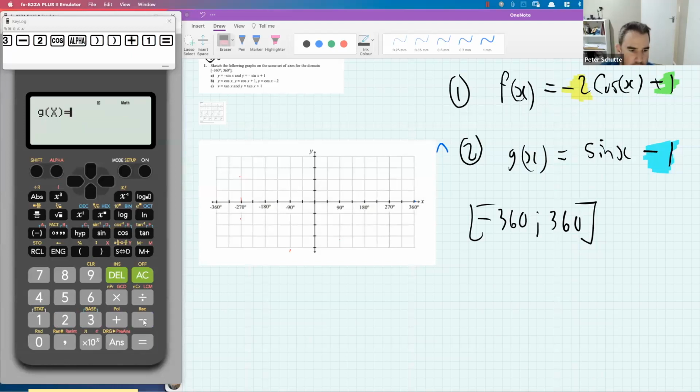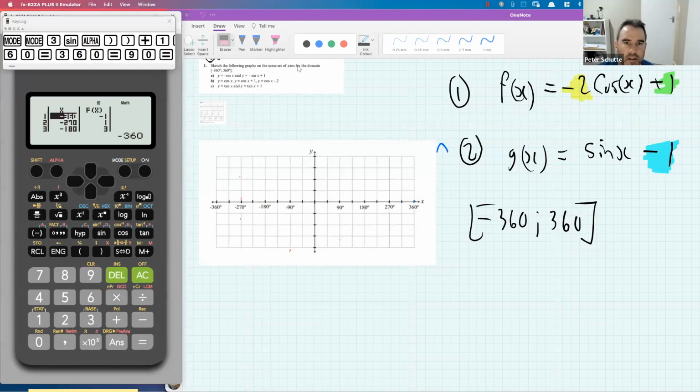I don't want -360 as the start, so I blank that out. I start at -360, then go to +360, and the step size is going to be 90.